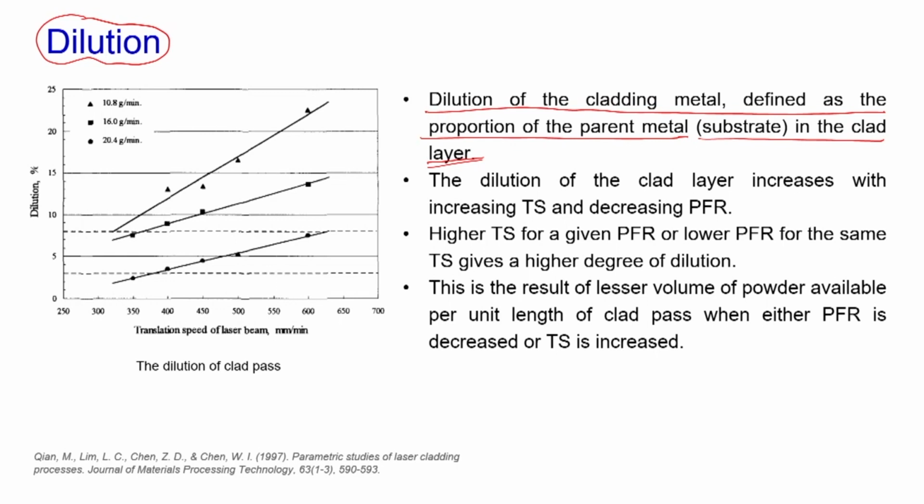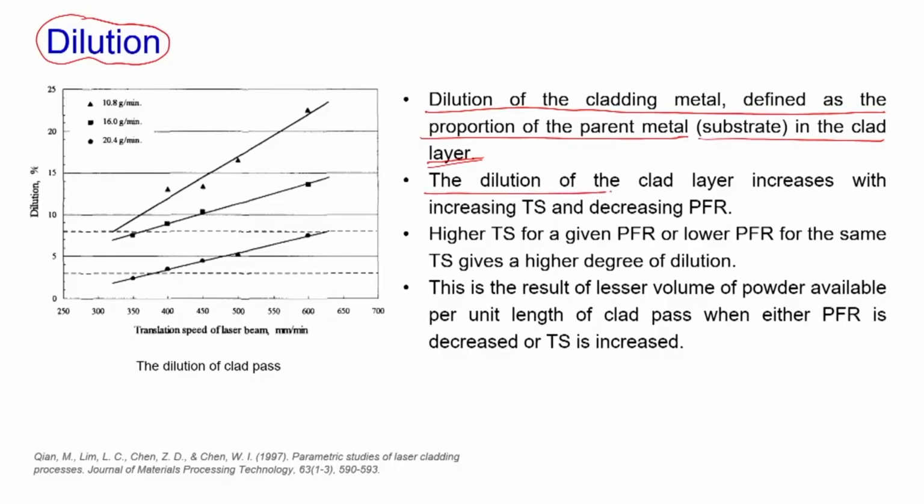In laser cladding, this is not desired. There should not be a large amount of dilution of the substrate material inside the clad material. Dilution of the substrate material into the clad material should occur only at the interface.